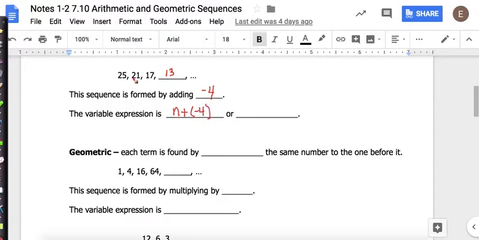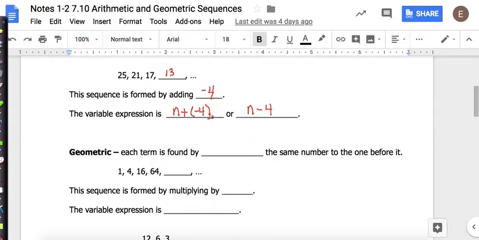Or you might notice that it's also a subtraction pattern. And look what we're subtracting by. We're subtracting by 4. So we could say n - 4. Now you may not have this on your note sheet, so add the word "or" and add n - 4.